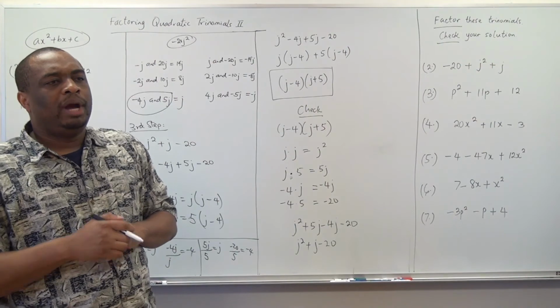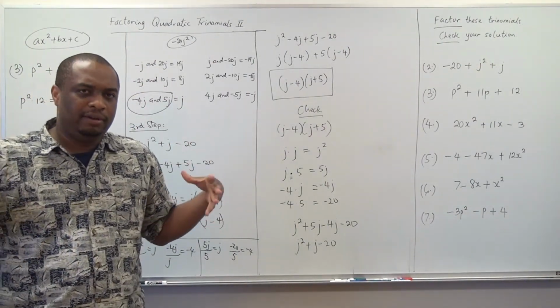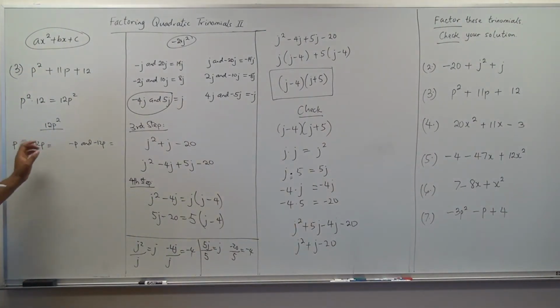So you have to consider all the factors that you can have. If you consider only one side, then you might not get the second term. I don't know whether you understand what I'm saying. You have to consider all the factors and all the signs that go along with it.